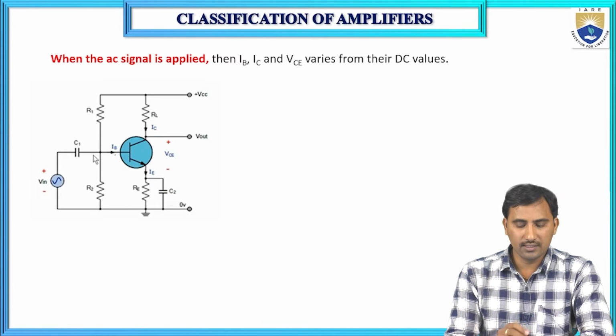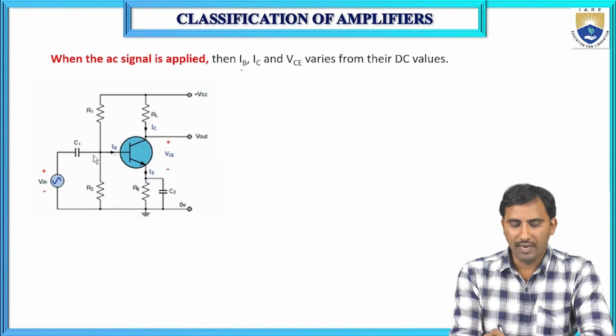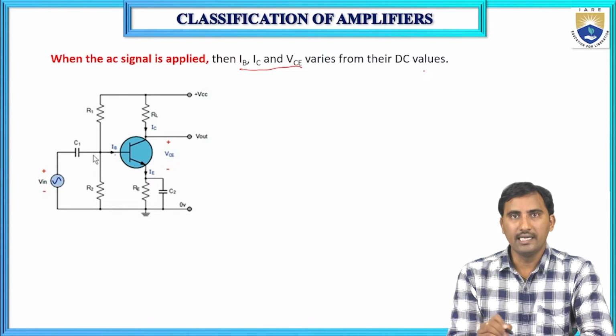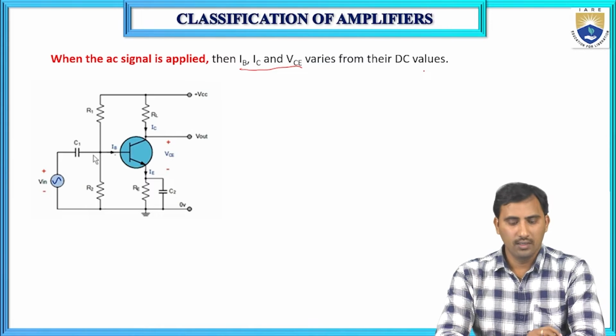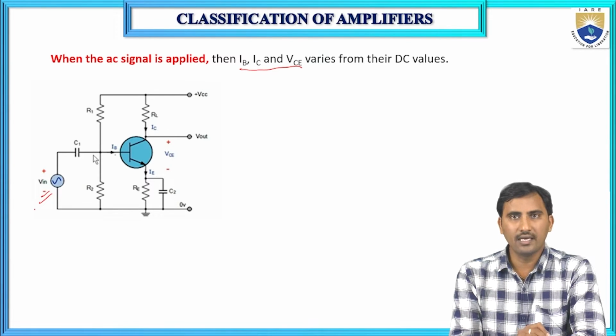In a single stage common emitter amplifier, when an AC signal is applied, the values IB, IC, VCE start varying from their DC values. If you see the block diagram, we are applying some AC signal, which has some DC value also.